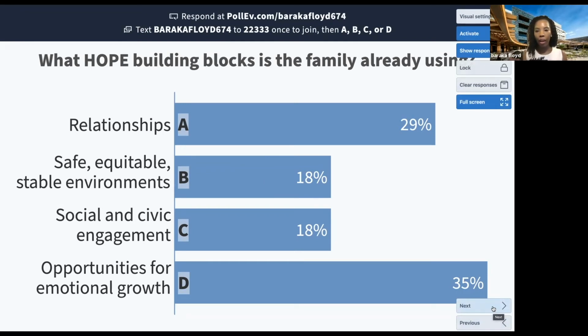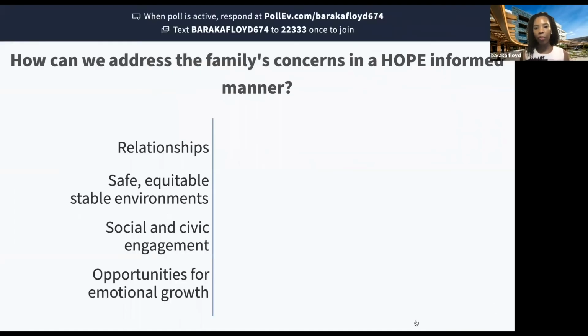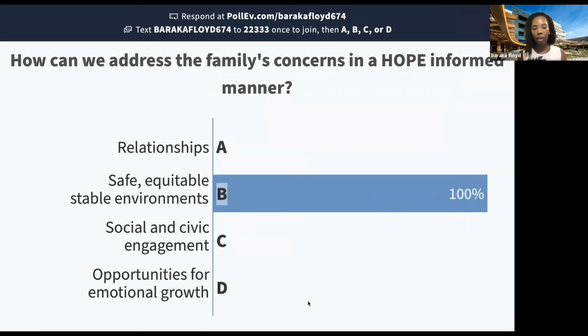Now mom is saying that she wants resources to address their stresses currently. She's also wanting to make sure that she has the right questions to ask the school when she goes to her child's IEP meeting. So what building blocks might we give her to address her concerns in a hope-informed manner? When I usually do this, I think about what domain I would give resources from.